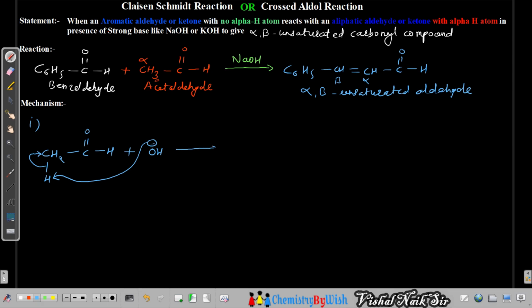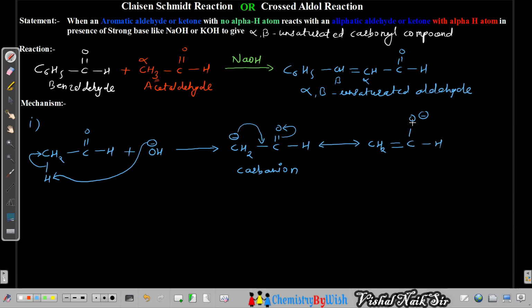So we get a product that is CH2 minus-CHO. This is called a carbanion. This carbanion is resonance stabilized like this. So we get a product that is CH2=CH-O minus.